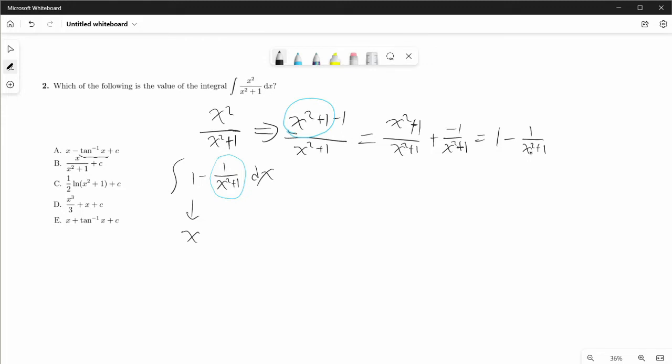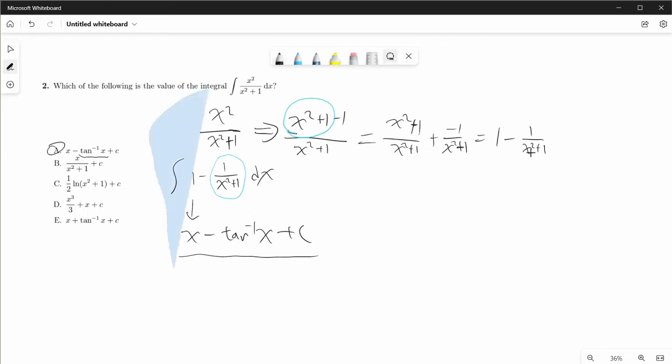The derivative of tangent inverse x is 1 over x squared plus 1, so the integral of that would be tangent inverse x. So right, minus, remember the minus sign, tangent inverse x. Always remember the plus c, right? So that would be option A.